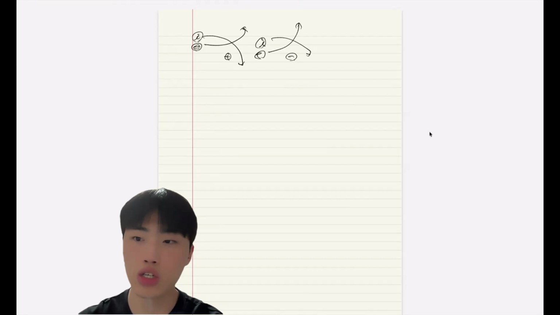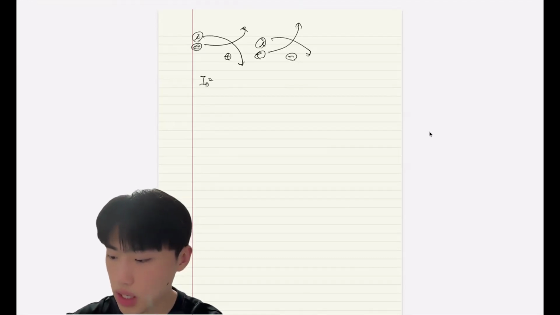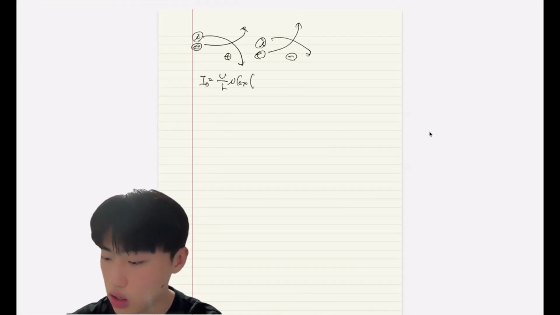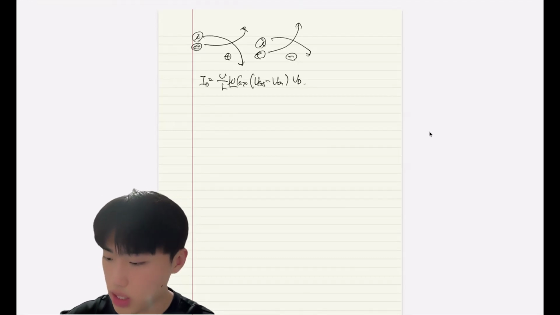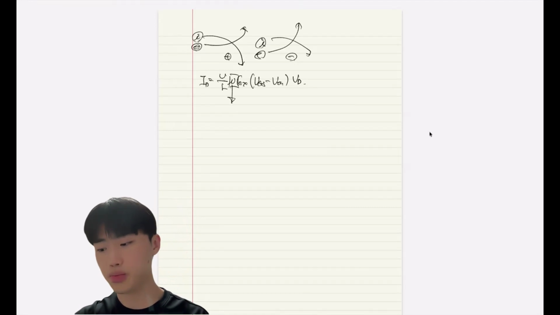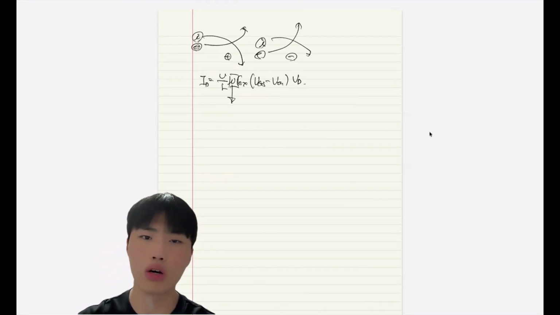In the linear region, ID will be W over L times mu C ox times VGS minus VT times VD. When we draw the ID-VD curve or the ID-VG curve, we assume that L, W, mu and Cox are constant, but actually the mobility can change.